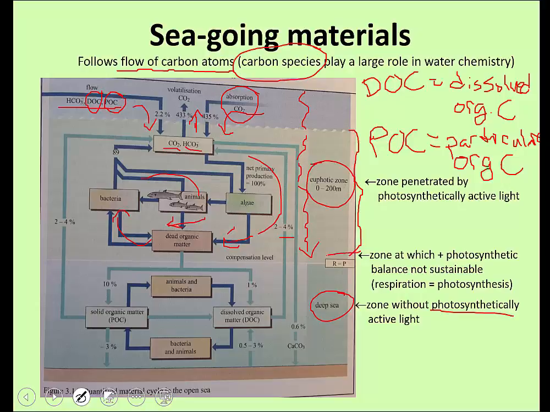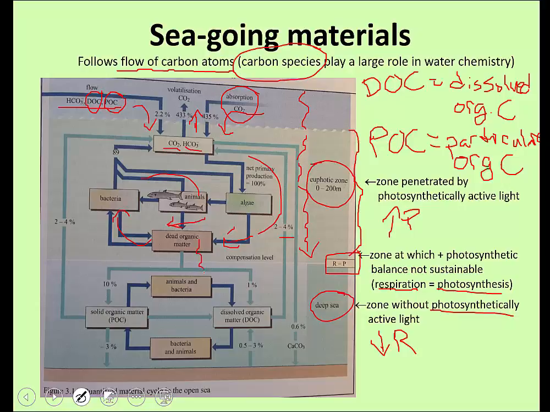And that occurs at this point here where R equals P. Okay, and R stands for respiration, P is photosynthesis. So up here, you can have photosynthesis going on. Below, no photosynthesis, we rely on respiration to keep that organic matter and to keep that carbon going through there.